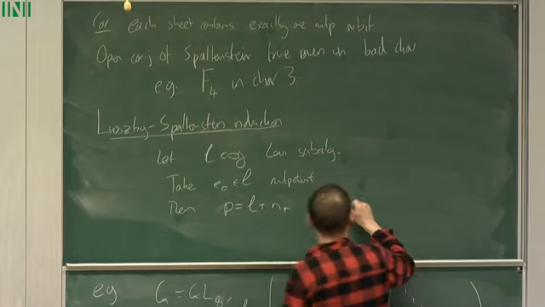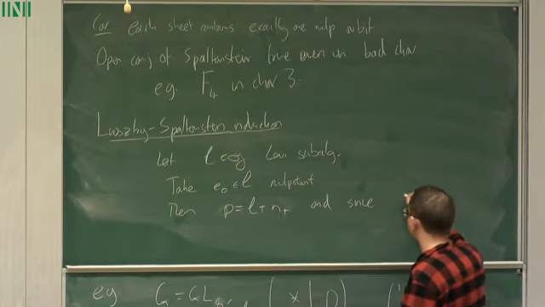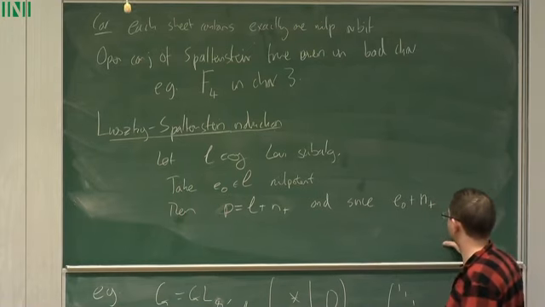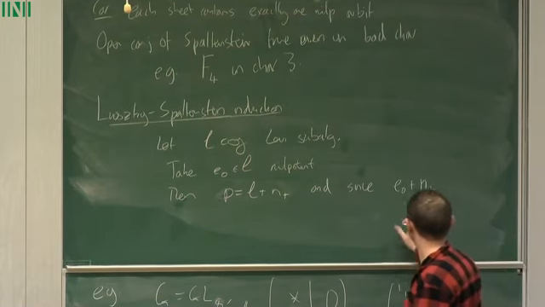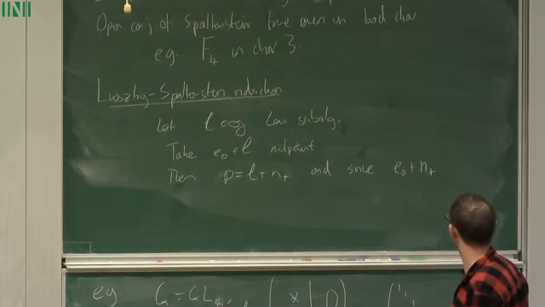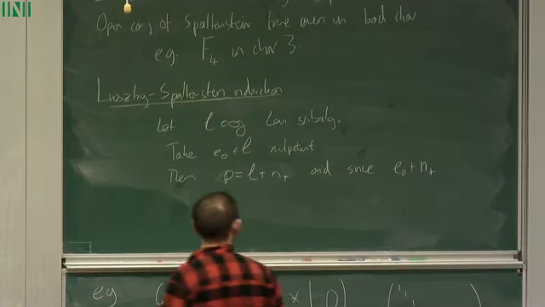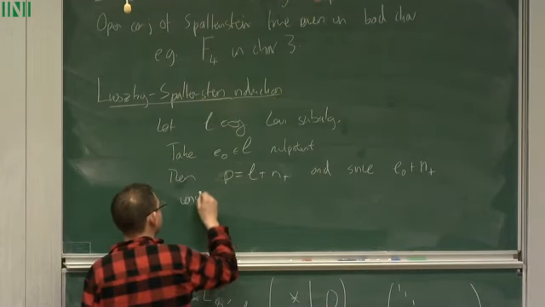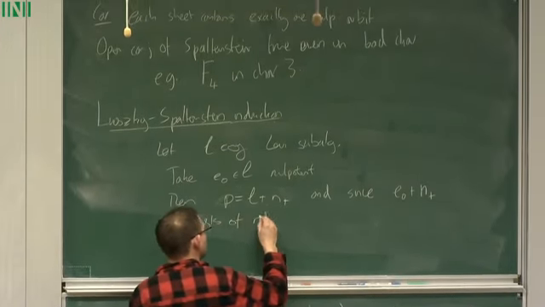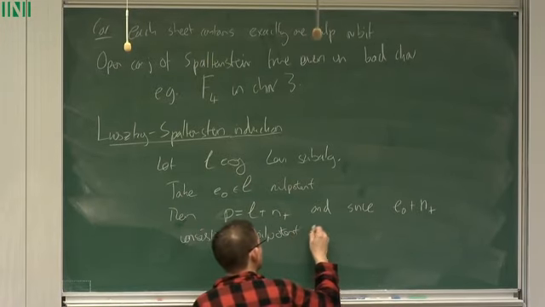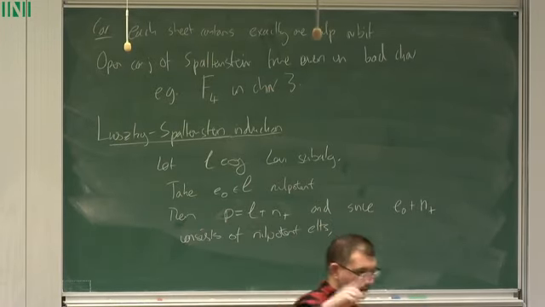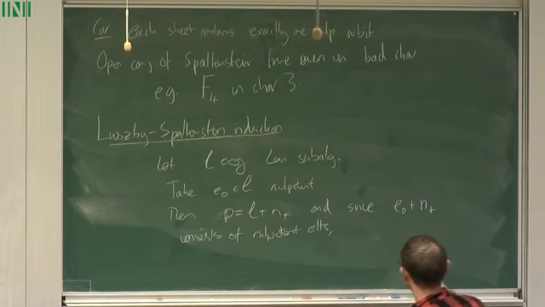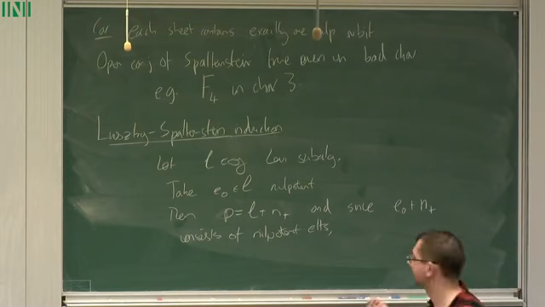The coset E0 plus N plus consists entirely of nilpotent elements. And the nilpotent orbits are finite, which means one of them must intersect it densely.